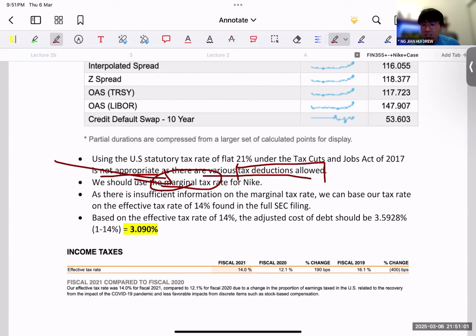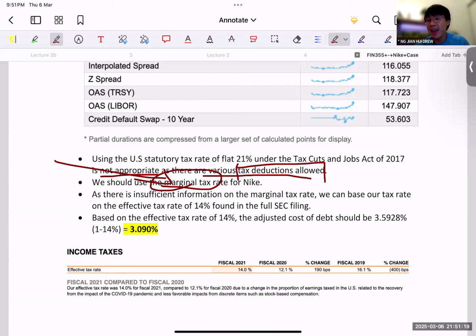So marginal tax rate is the rate of tax that you'll incur in the next bracket. Yes, incremental, the tax rate on the incremental dollar. So that is the tax rate that you should use.